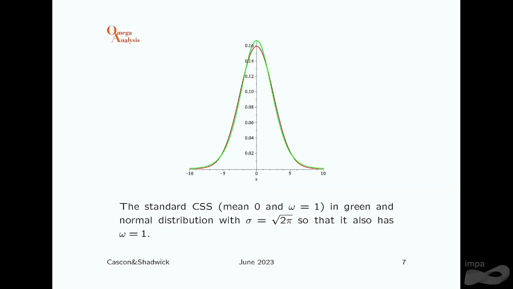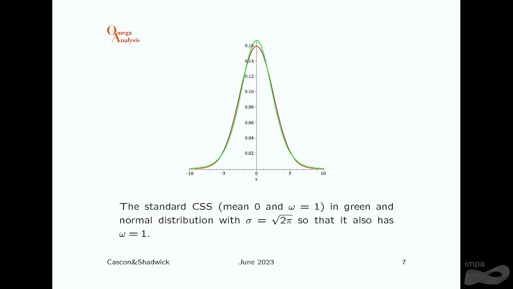So there's a picture of this, the standard one, the probability density function. I'll let you work out the formula for that. The standard one with mean 0, ohm equal to 1, that's in green. And the normal distribution, again, a result of the exercise was that the ratio of the standard deviation to the ohm for a normal distribution is root 2 pi.